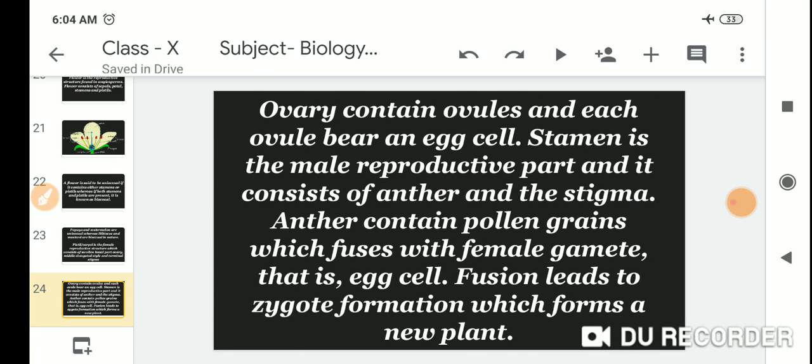The ovary contains the ovules, and each ovule has an egg cell.